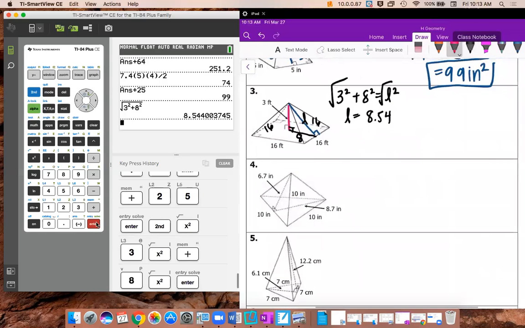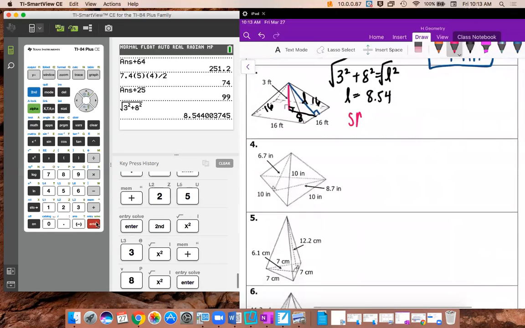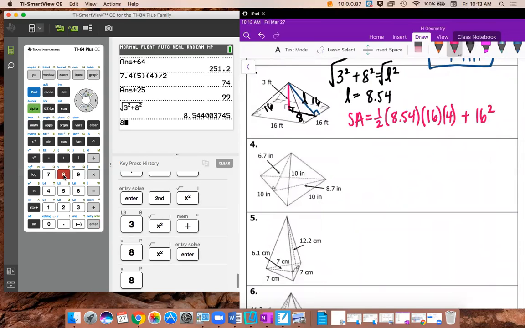So again, it's surface area equals 1/2 slant height, so in this case, that's 8.54 times the perimeter of the base, so 16 times 4, plus the area of the base, which is 16 squared. Now we just go plug it all in. So 8.54 times 16 times 4 divided by 2.